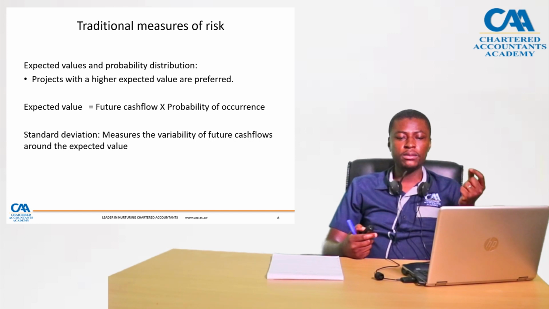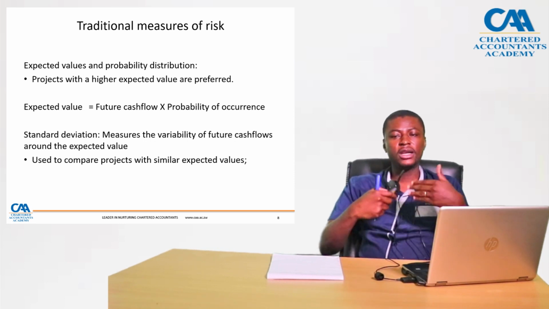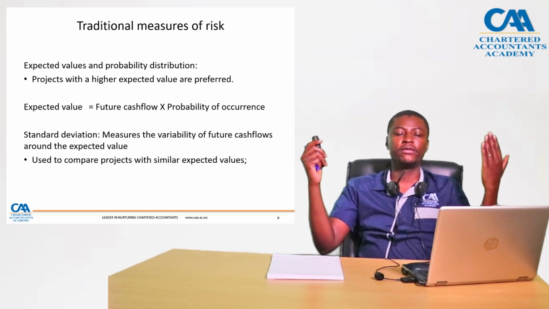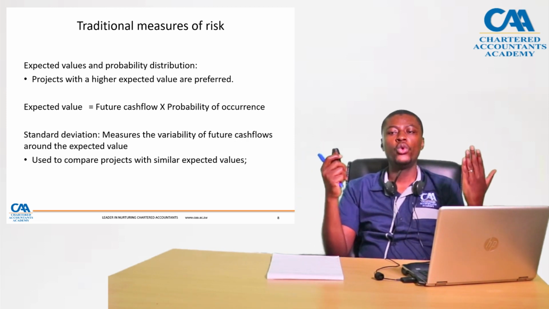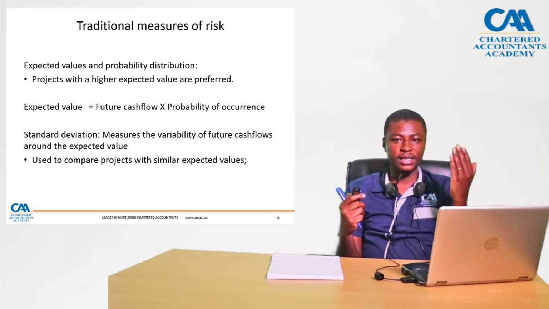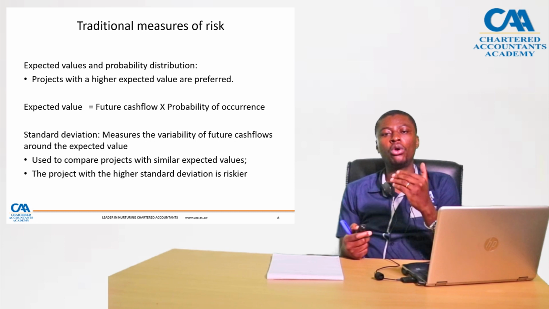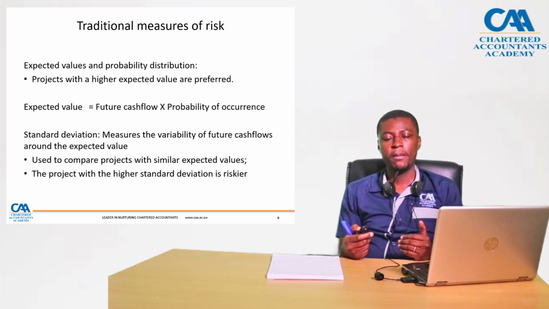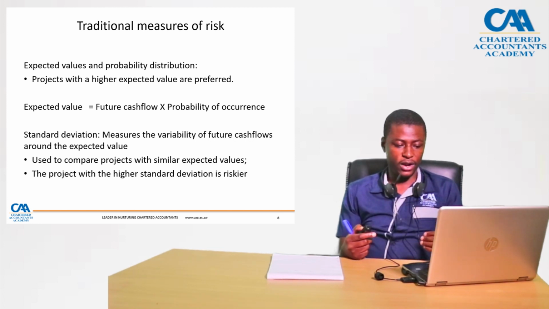So standard deviation is more relevant when you are comparing projects with similar expected values. You've done your expected value, and both projects have an expected value of 10,000. The question is, which project should you pick? The project with the highest standard deviation is riskier, so you pick the project with the lower standard deviation. But of note, it only works if the projects have the same expected values.